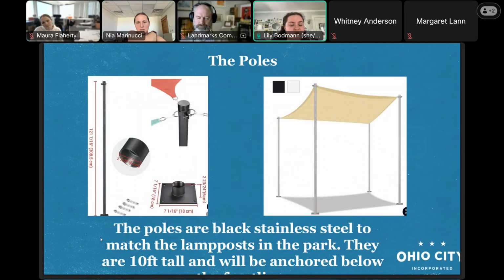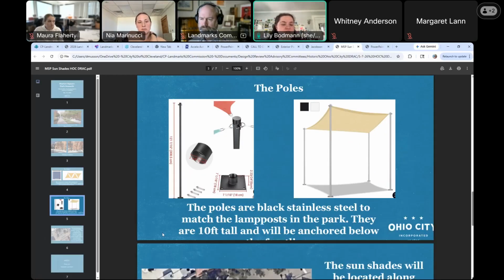So we are doing some brick replacement in the park. So they will be buried when we are doing the brick replacement below the frost line, so that there won't be any issue there. And they will have an anchored base. So they will be going in when the bricks are removed. Does that answer your question? Yep. Okay.